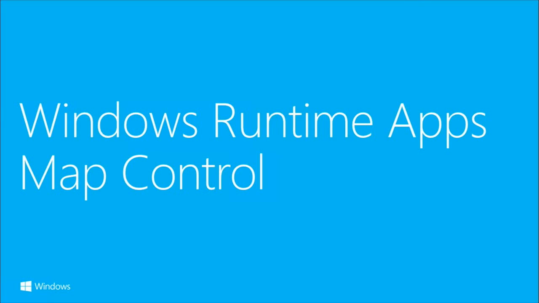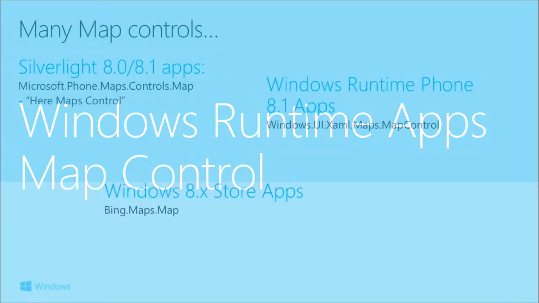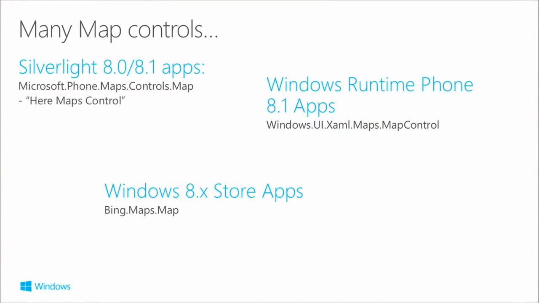Okay. Now we're going to talk about our runtime maps control. So this is where you're writing your own mapping. You say, I don't need any help, I can do this all myself. Or the URI schemes don't give you what you need. Right. So there are a lot of map controls across all of the different Windows platforms.